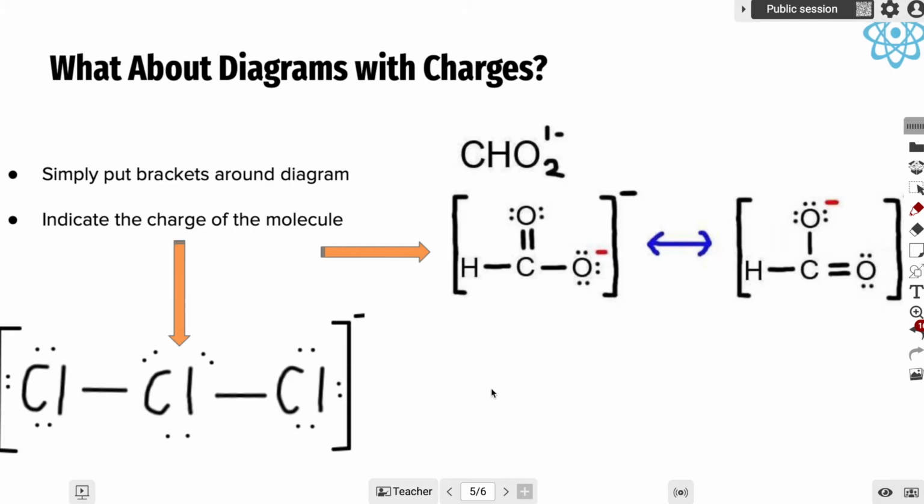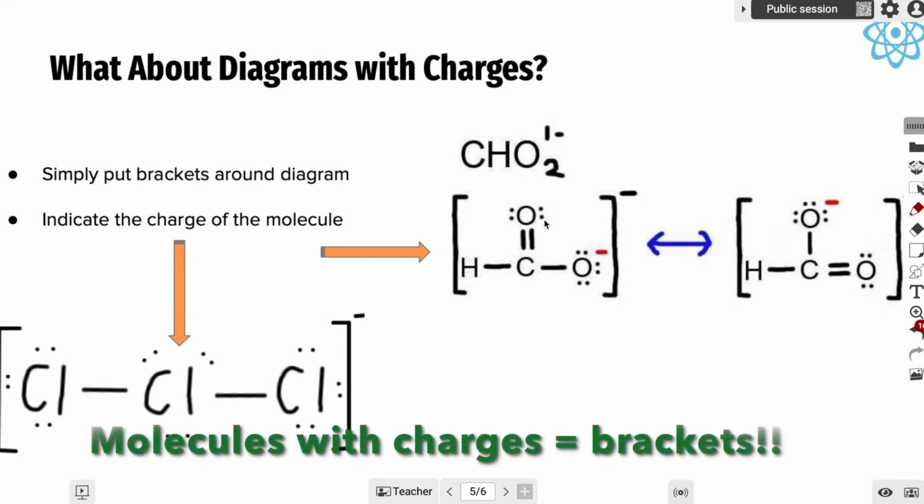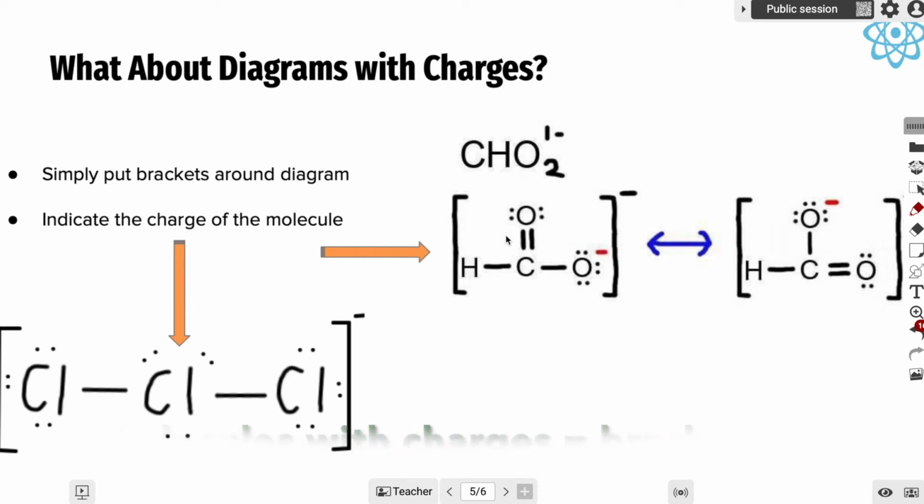Now, what about diagrams with charges? So, for example, in this molecule here, CHO, with a 1- charge, after we draw the Lewis diagram, you can see here that we put brackets around it, right? And then after we put brackets around the CHO molecule, we put the charge on the top right, so right there.